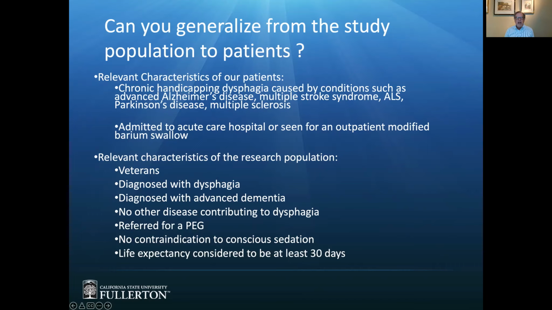They're not completely out, but they certainly won't remember it. They're not uncooperative. They cooperate with it, and they can actually follow some instructions, open their mouth and stuff like that. And then their life expectancy is considered to be at least 30 days. I would say that pretty much describes the population of patients that I was interested in.